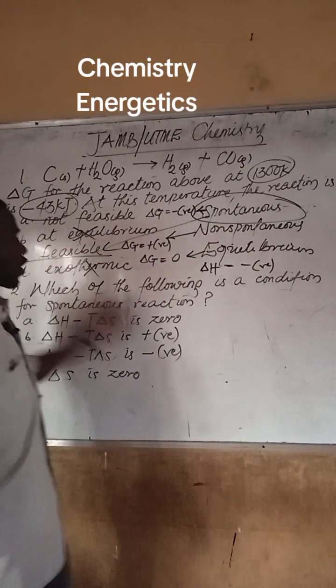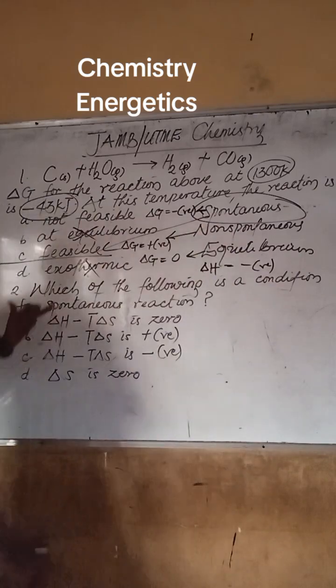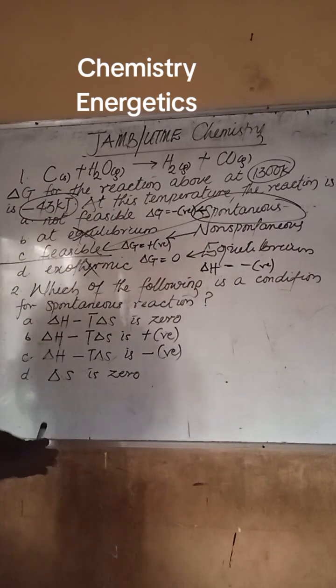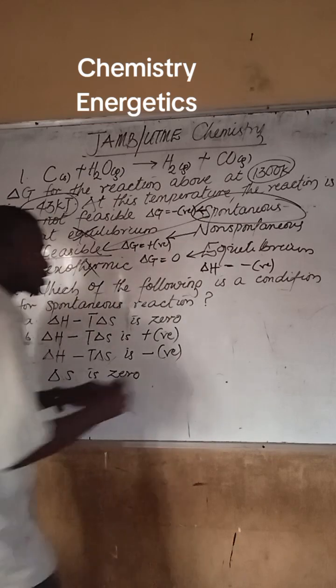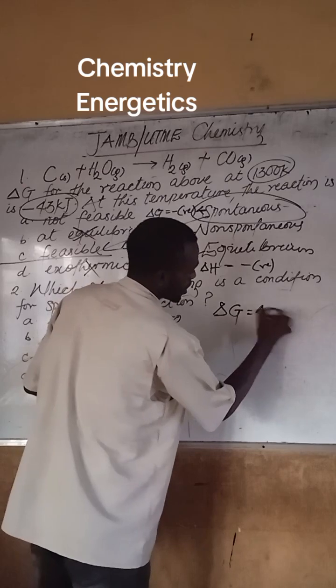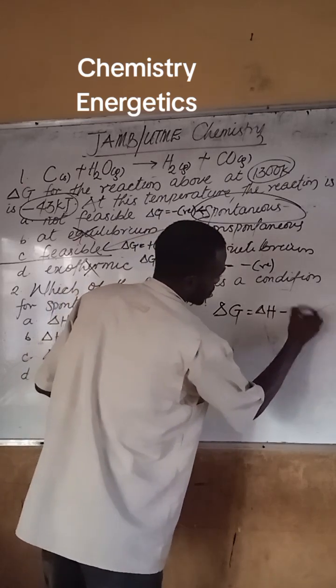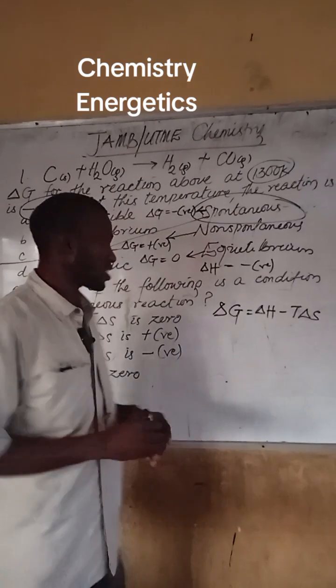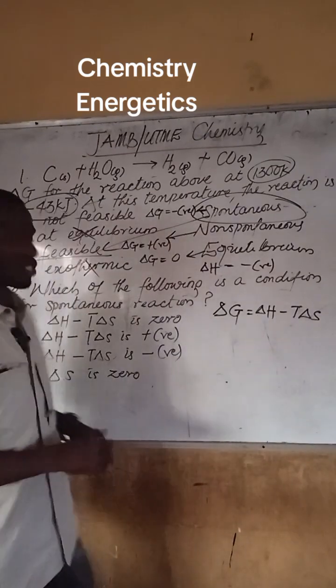Now, which of the following is a condition for spontaneous reaction? Keep in mind that the change in Gibbs free energy is equal to the change in enthalpy minus T delta S. T here refers to temperature, delta S refers to change in entropy, and delta H refers to change in enthalpy.